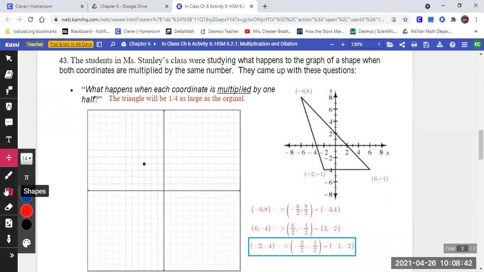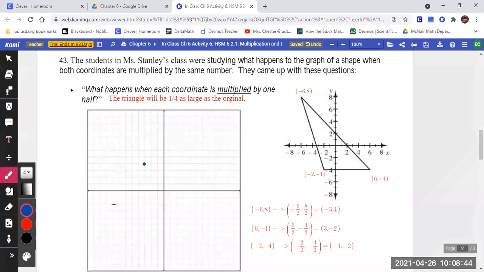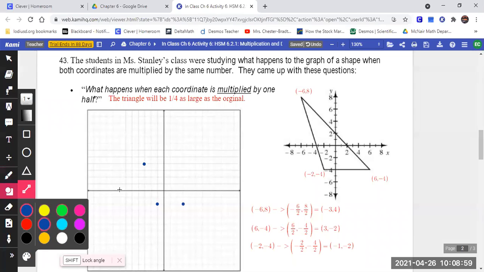So we're going to go put those two on there as well. (-1, -2) and (+3, -2). And then we're going to connect them with our lines that are blue. And we're going to put our coordinates on the corner.